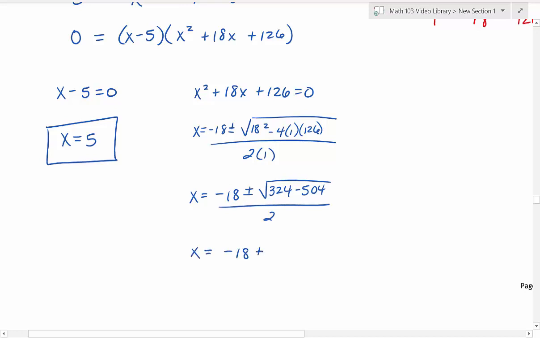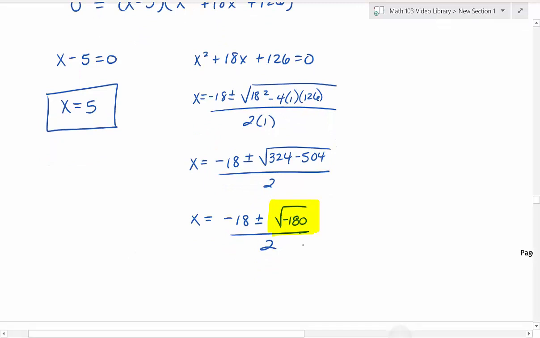That'll be negative 18 plus or minus the square root of negative 180, all over 2. Notice our radical. We have a negative underneath of a square root. That's going to be an imaginary number.